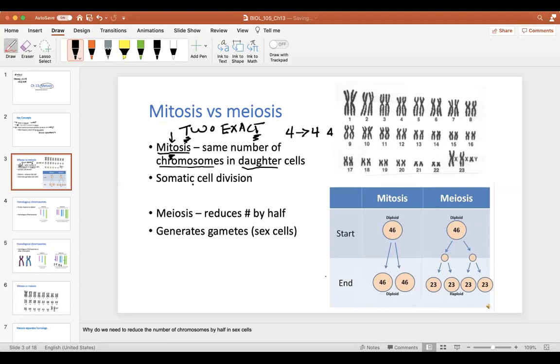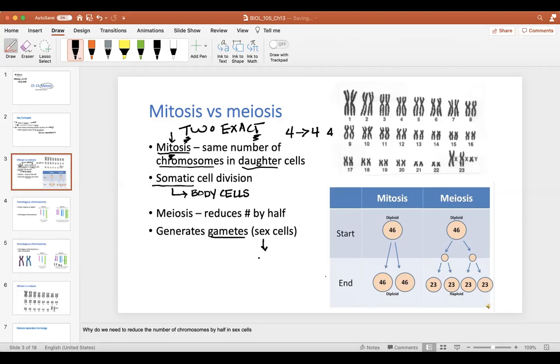And we find this in what we call somatic cell division. Now, what do we mean by somatic cells? Somatic cells are what I think of as body cells, okay? Skin cells, liver cells, brain cells, okay? Now, let's think about gametes. Gametes are what we call sex cells.